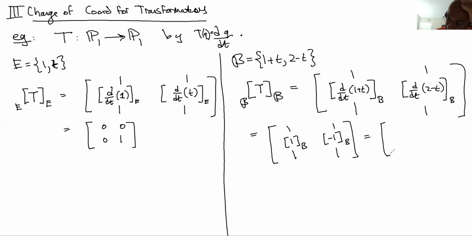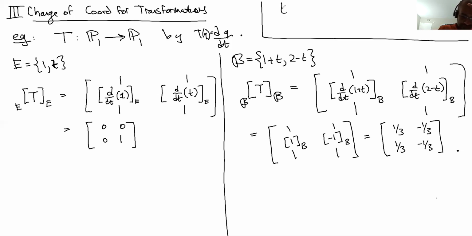So 1 is actually equal to 1/3 times the first basis vector plus 1/3 times the second basis vector. And minus 1 would just be minus that, right? So I have two different descriptions of the same linear transformation. So different bases give you different matrices describing the same linear transformation.